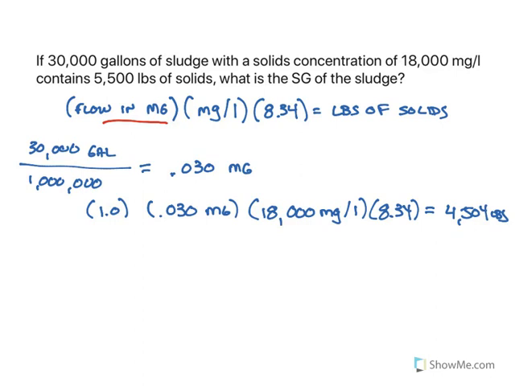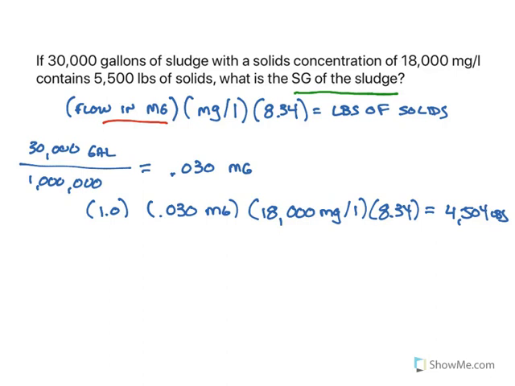But what this problem is telling us, and which hopefully is intuitive to you, is that the specific gravity of this sludge must be greater than 1, because it sinks to the bottom of a tank. That's what makes it sludge.